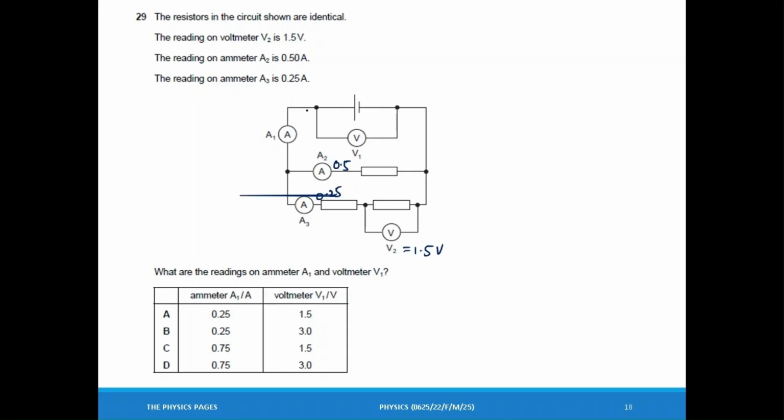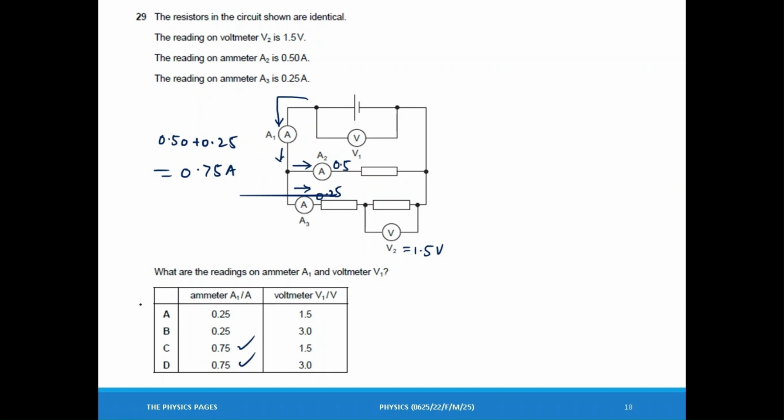The current provided by the battery passing through A1 will be divided into two portions, A2 and A3. So the total current from A1 is 0.5 plus 0.25, that is 0.75 ampere. Why? Because the battery's current is distributed into 0.5 and 0.25 depending upon the resistance of the circuit. So our choices may be either C or D.